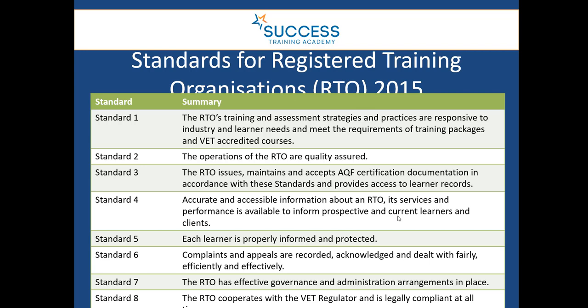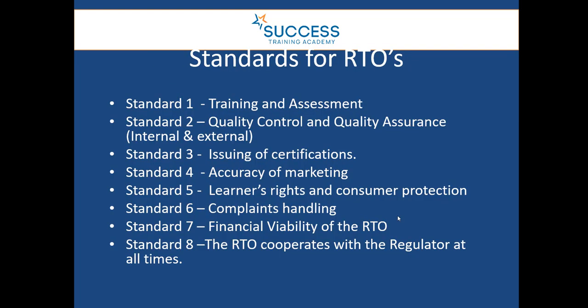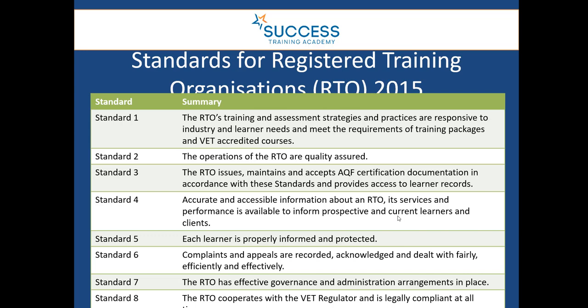Everything is accurate and not misleading in any way, shape or form. Also, learners are informed about the course before they enroll. Next, standard 5: each learner is properly informed and protected. That covers learners' rights and consumer protection. They know what course they're enrolling in and they know their obligations.